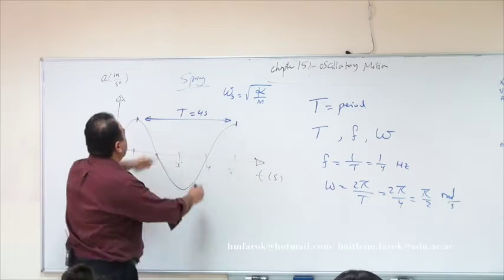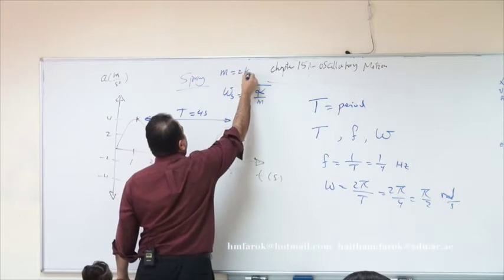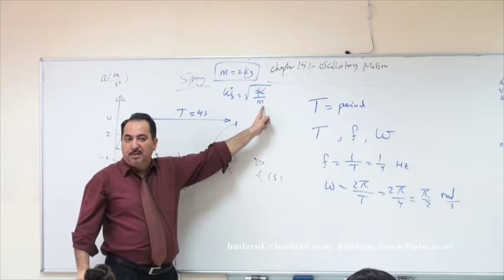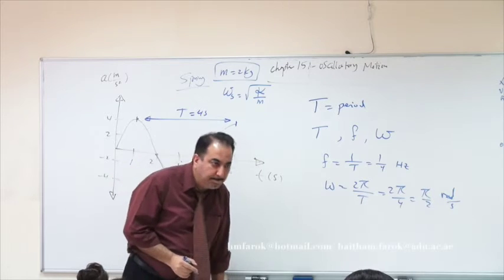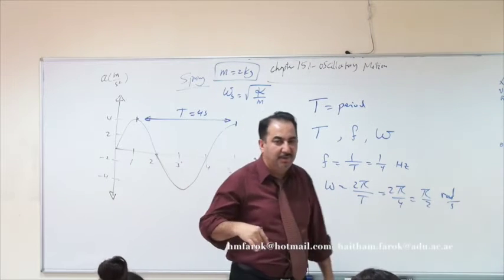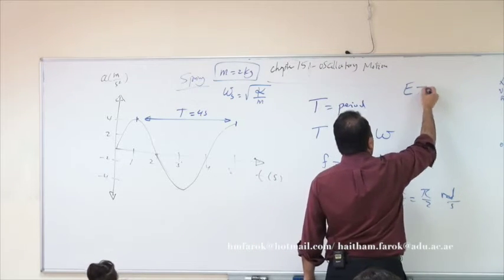So here, suppose this spring is connected to a mass of 2 kilograms. Then you can find the spring constant, kappa. And once you know kappa, then you can think energy-wise. What is the total energy of an oscillator?